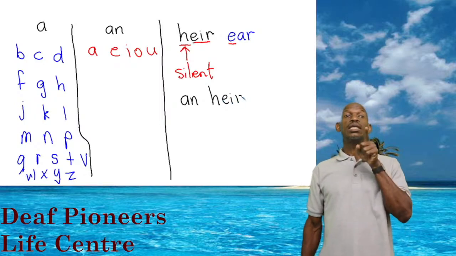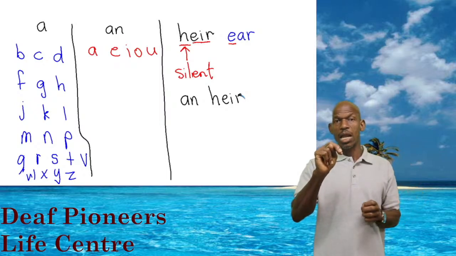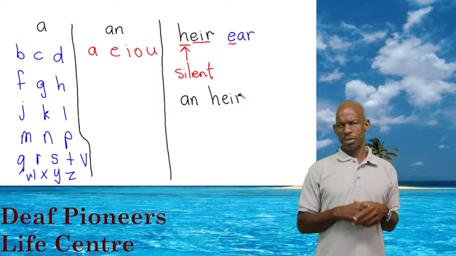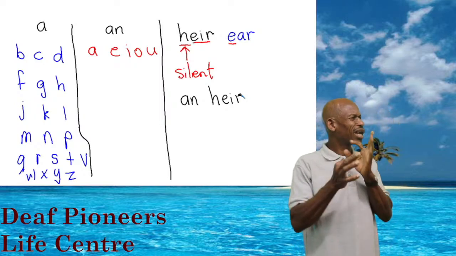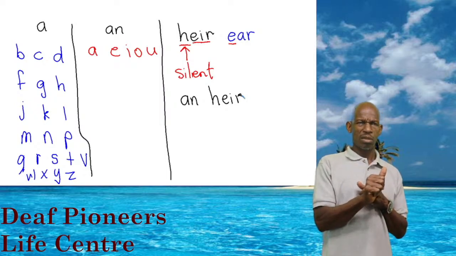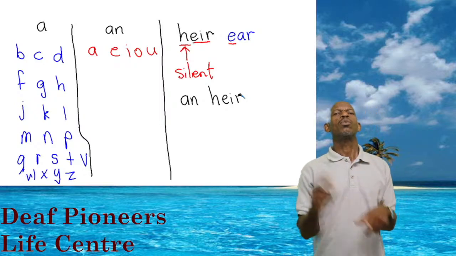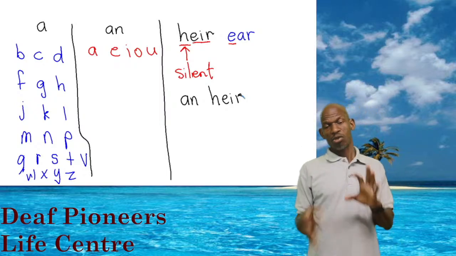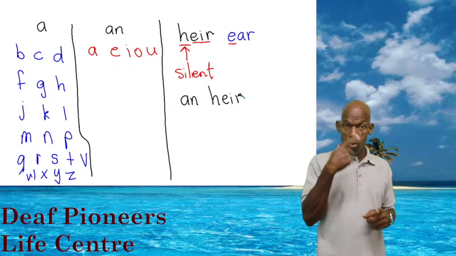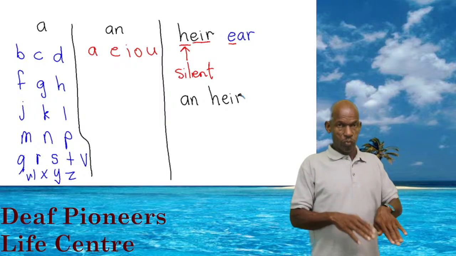And you will ask the question, but Sharon taught us that this is supposed to be a, and now she is writing an. The reason I'm writing an is because of how we pronounce the word. There are some words where, when you pronounce them, the H is silent. The H doesn't make a sound, and you're hearing the vowel alone at the beginning.